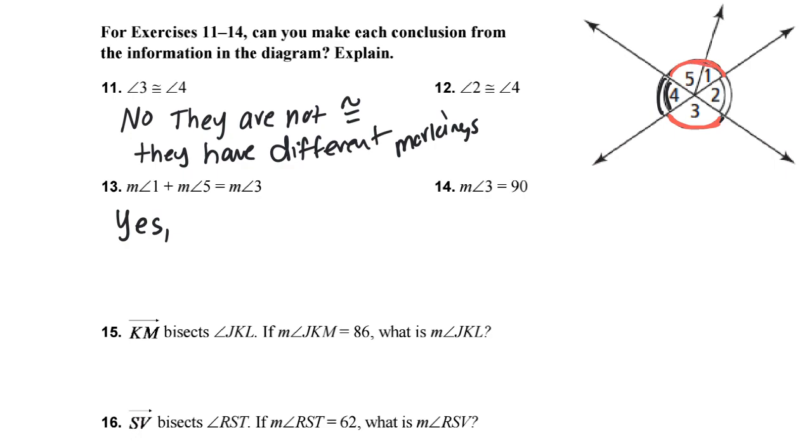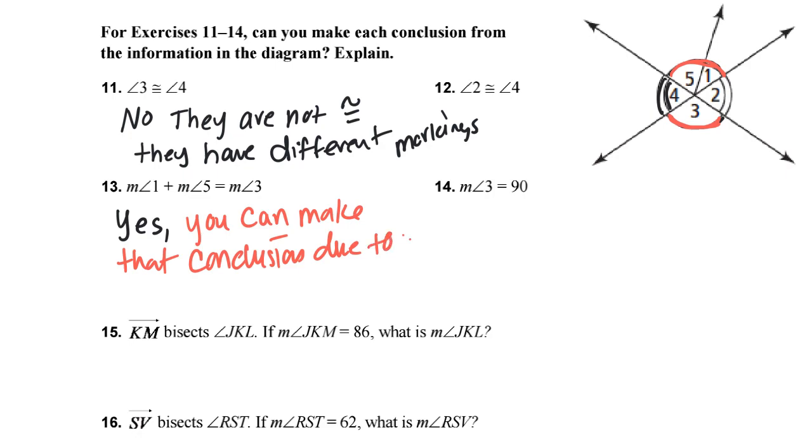So yes, you can make that conclusion due to the marking. Remember what I told you today, the markings indicate that they have equal angle measurement. So this angle here, angle 3, does equal the measurement of angle 5 plus the measurement of angle 1.